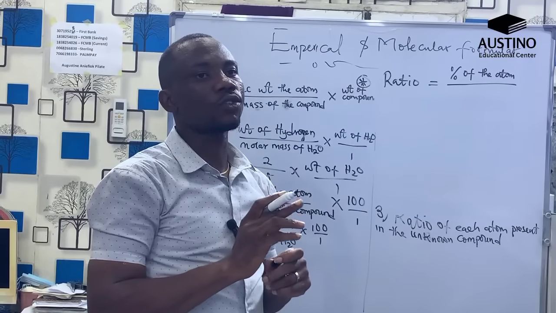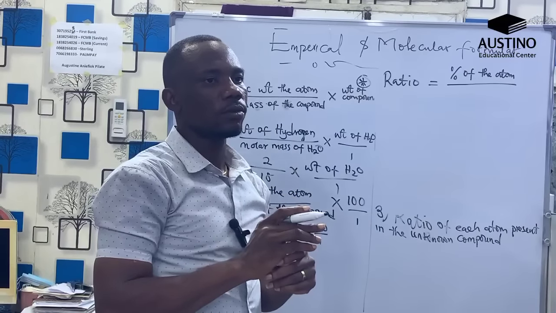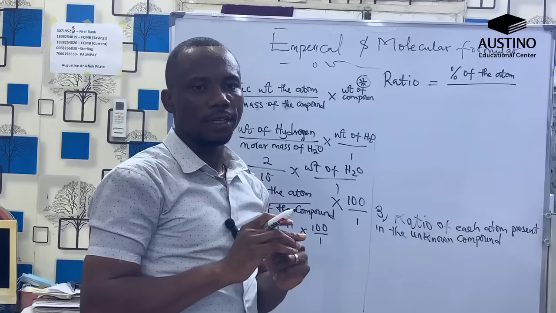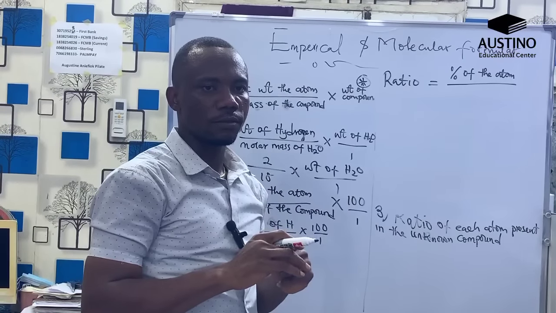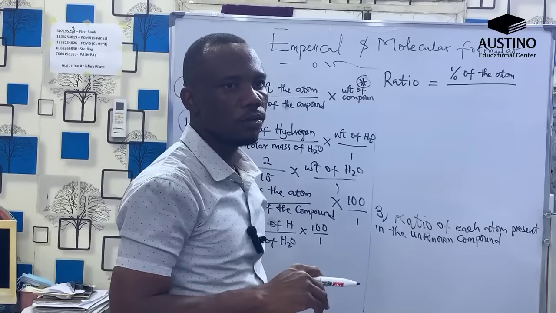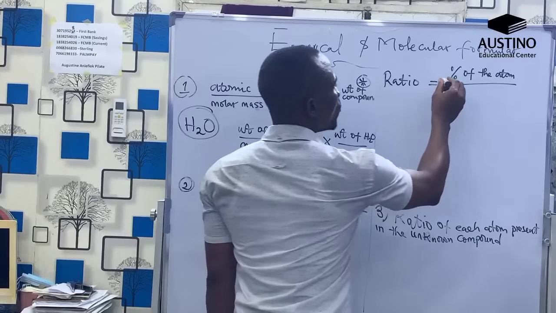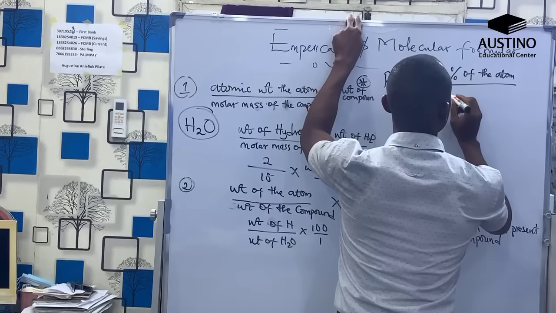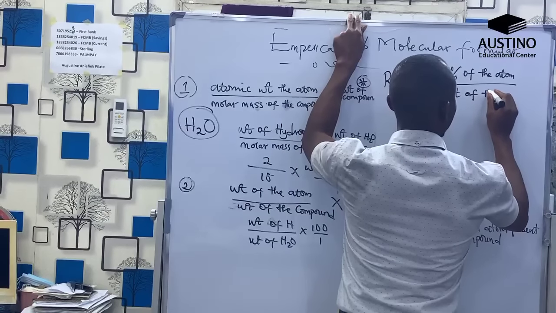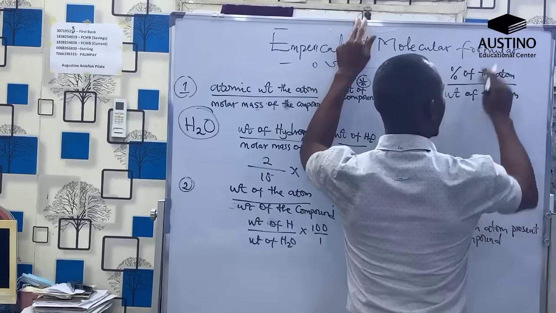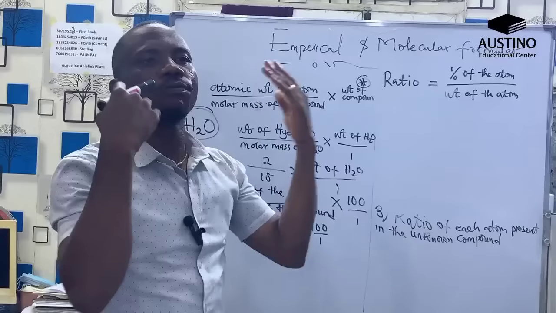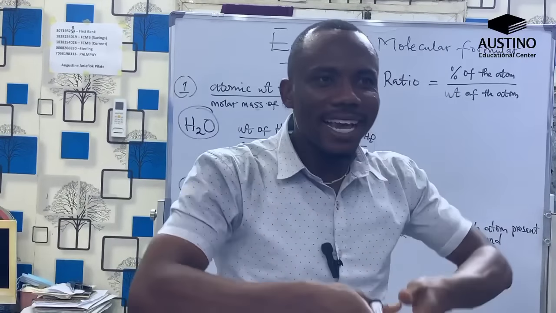When you do this, that's the ratio. This will be done for each of the atoms present in your unknown compound.